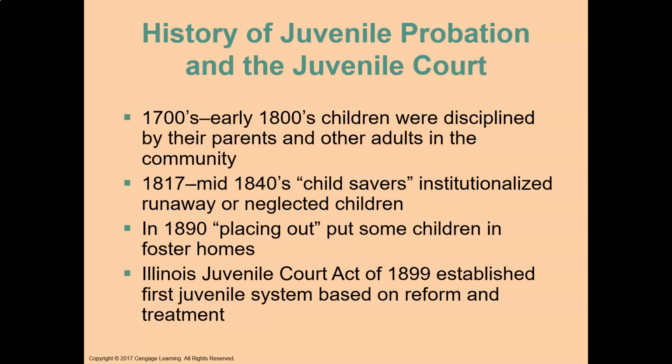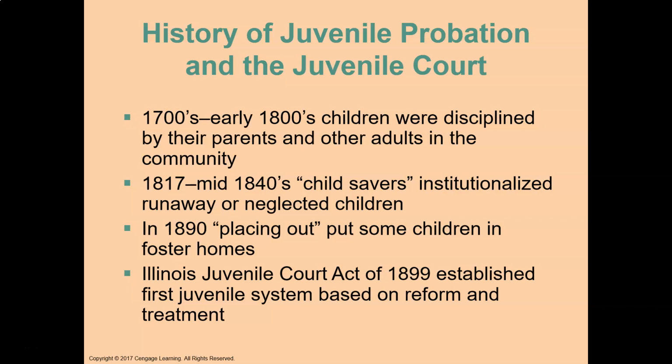Parens patriae is not even mentioned in your PowerPoints, but parens patriae is important. This is a concept that came, again, from England, but this is basically the idea that the King of England was frustrated because there were so many children who, in his opinion, were not being cared for properly by their parents. So he ultimately decided to take charge of those children and make all legal decisions on their behalf.